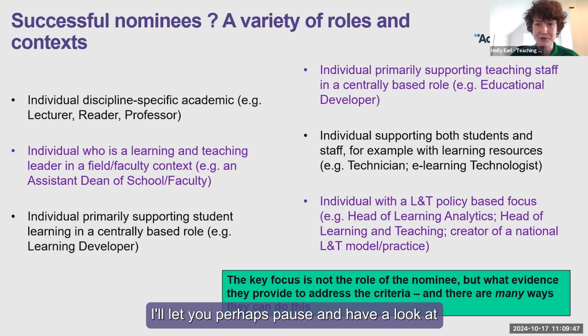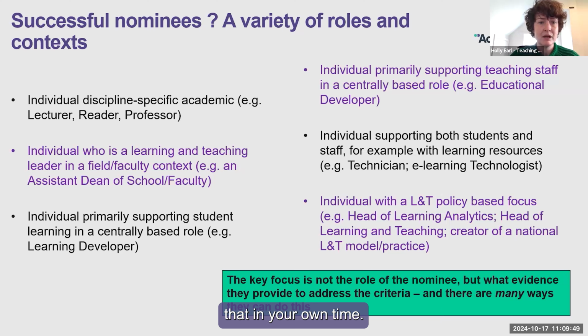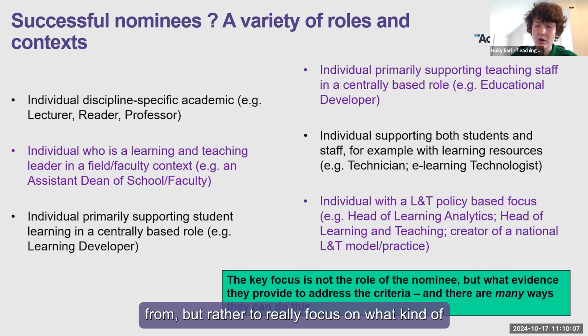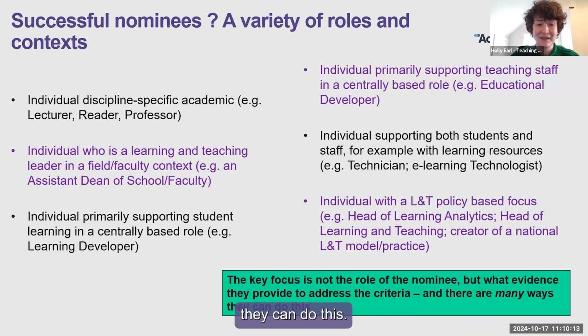I'll let you perhaps pause and have a look at that in your own time. The key focus behind this list is to remind you as reviewers that when you review, it's really important not to focus on the role of the nominee per se, because there's a really wide diversity of roles that NTFS applicants come from, but rather to focus on what kind of evidence they can provide to address the criteria. And there are many different ways that they can do this.